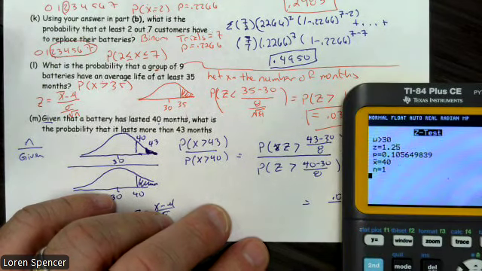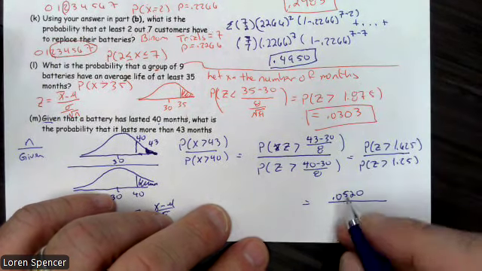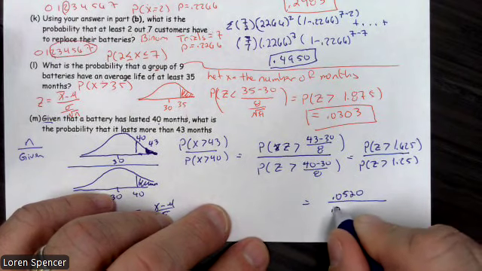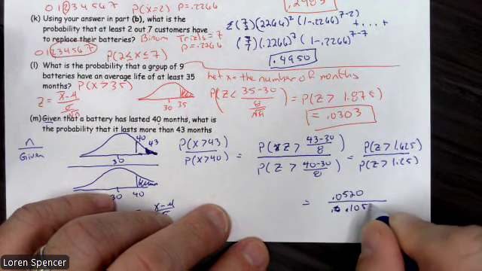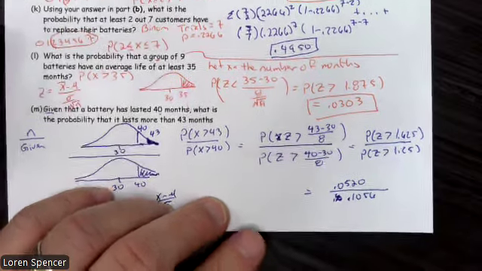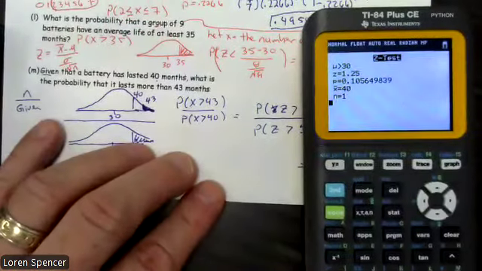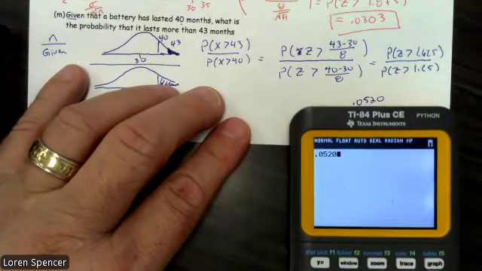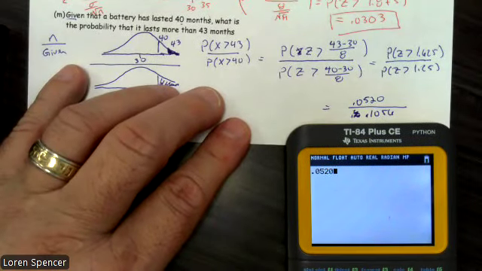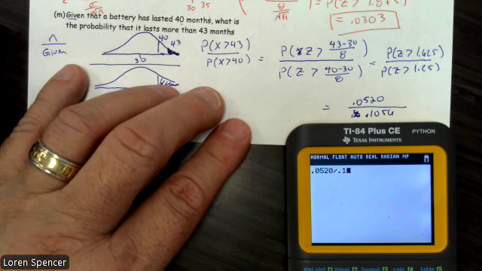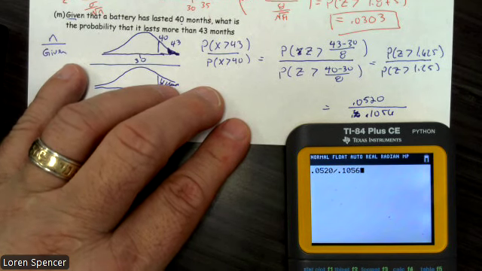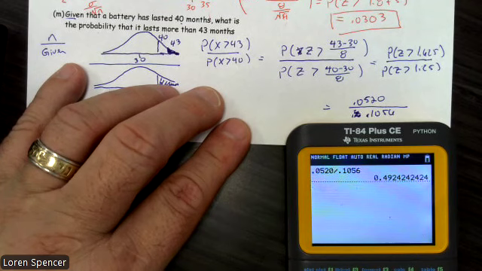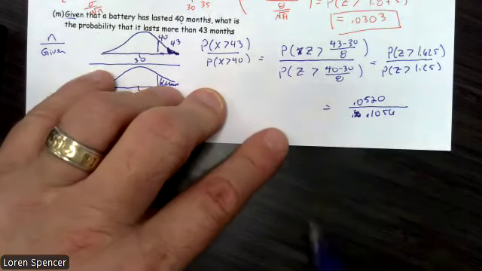That ends up giving us 0.1056. I divide those out. So 0.0520 divided by 0.1056, and I get 0.4924.